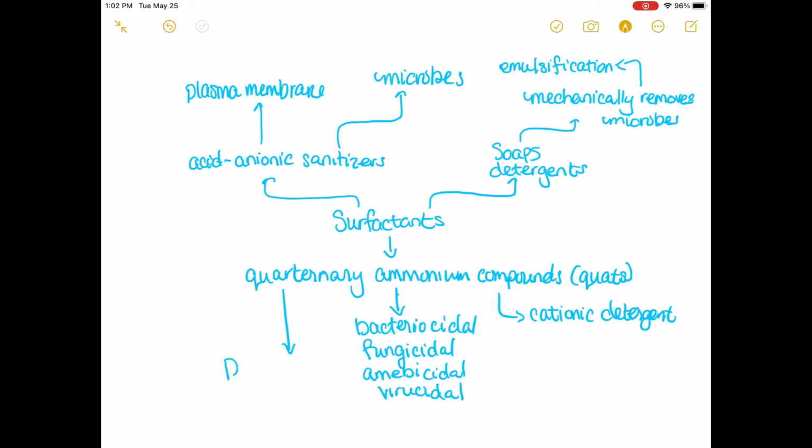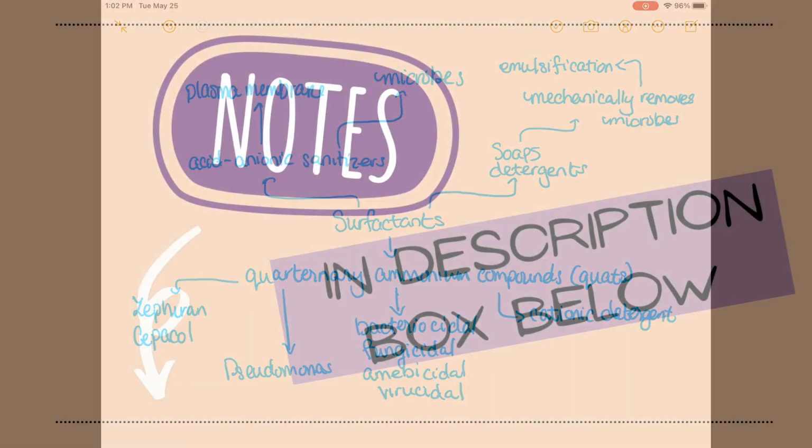Benzalkonium chloride, with the commercial name Zephiran, and cetylpyridinium chloride, with the commercial name Cepacol, are quats and are antimicrobial. Some species of Pseudomonas are resistant to quats and can even grow in the presence of quats.